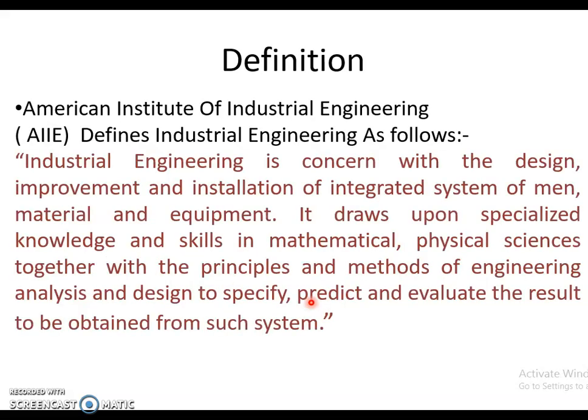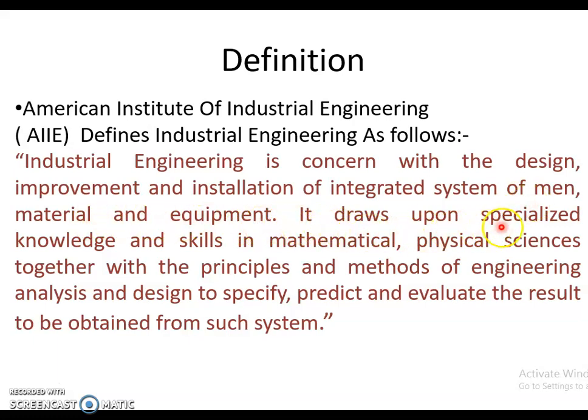Now let us see the definition. There is one standard definition by the American Institute of Industrial Engineers, AIIE. It defines industrial engineering as follows: industrial engineering is concerned with the design, improvement and installation of integrated systems of men, material and equipment.